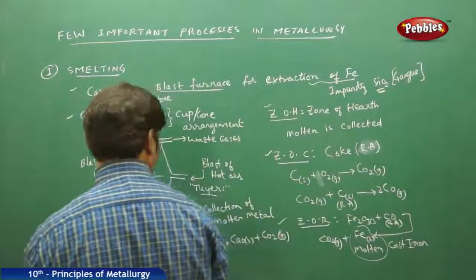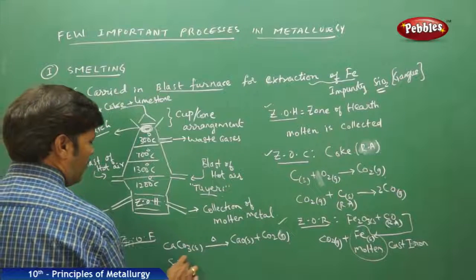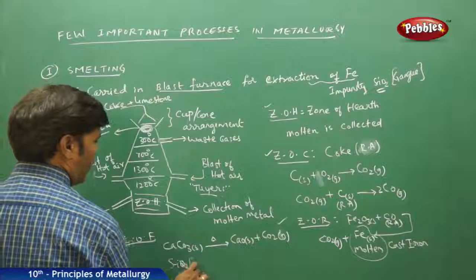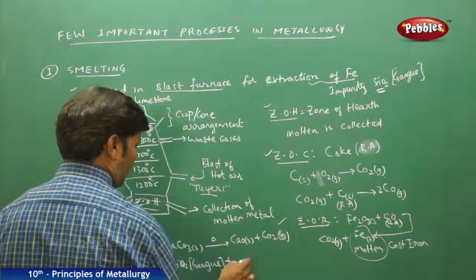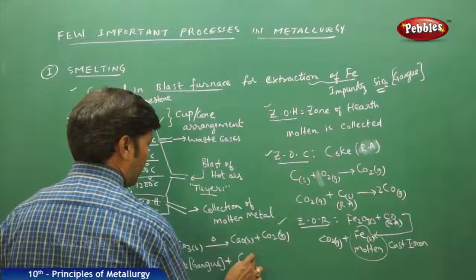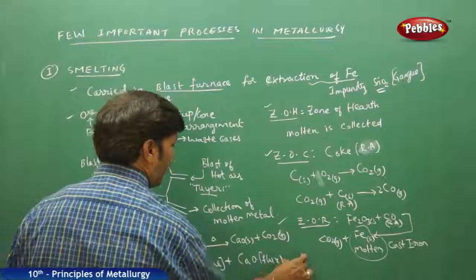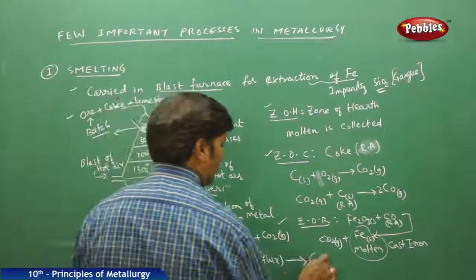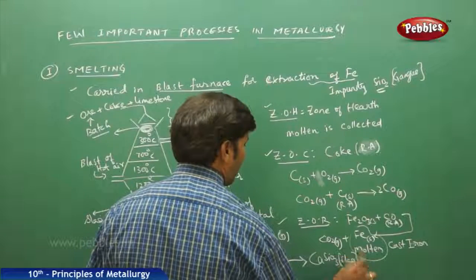So take this gangue particle, that is SiO2. It reacts with the calcium oxide, which is acting as flux. So flux reacts with gangue particles to give calcium silicate, which will act as slag.